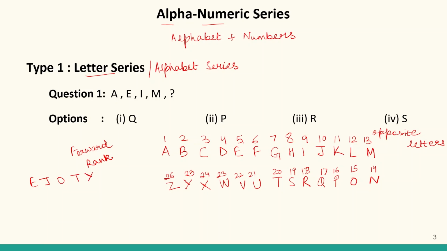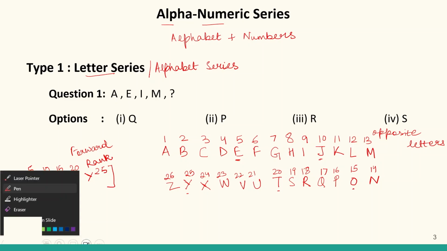Based on this, E was ranked at 5, J was 10, O was ranked at 15, T was ranked at 20, and similarly Y was ranked at 25. So this was also a shortcut that we learned to remember the ranks.